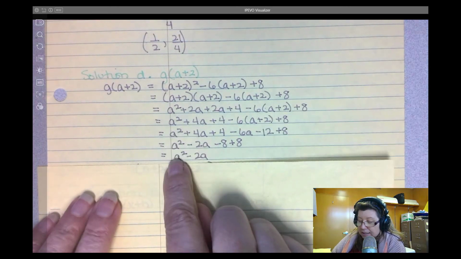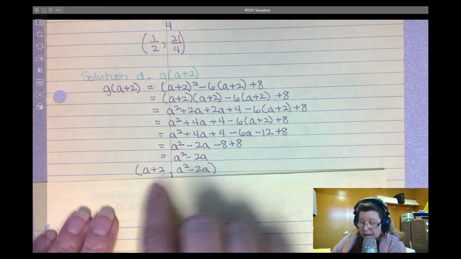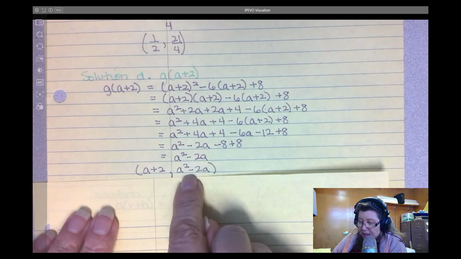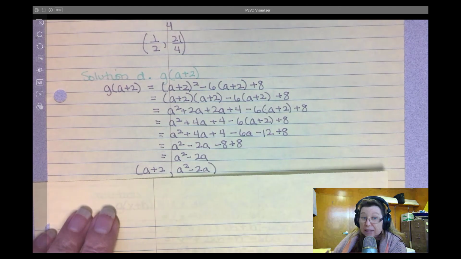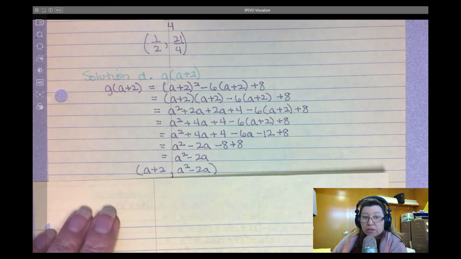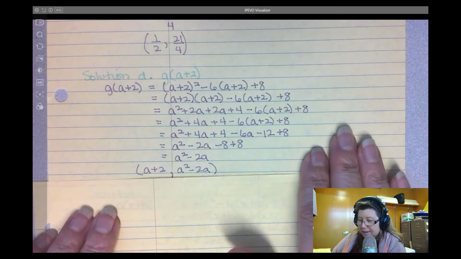And I get a squared minus 2a. So if an a plus 2 goes in, an a squared minus 2a pops out. Okay, a little bit more complex. Slow yourself down if you need to. Double check your work as you're going, because these things can get a little crazy.